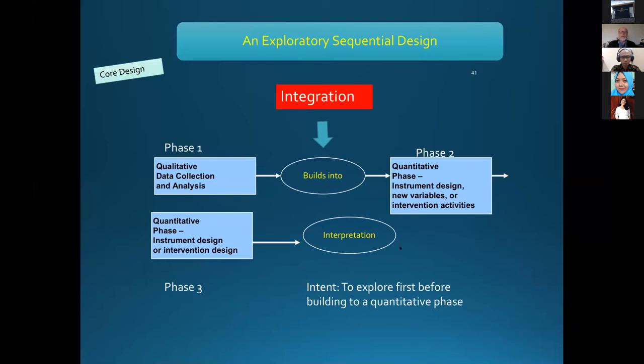Now, this type of design is very popular in international global health research. You just can't go into Rwanda, for example, and drop in a Western depression instrument. You first need to start by talking to some community members, getting their understanding, and then modifying or adapting the quantitative phase before it's tested. So this way we have a quantitative test that's cultural specific.